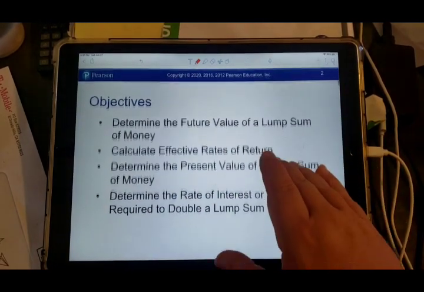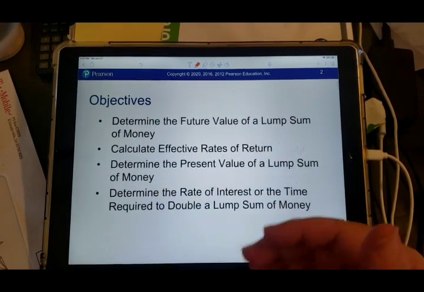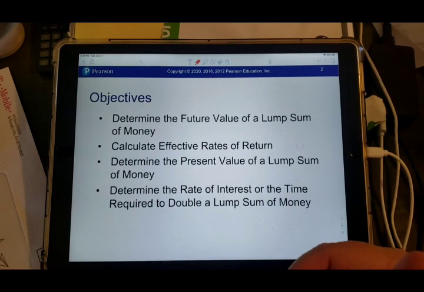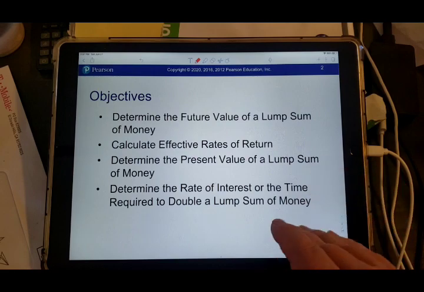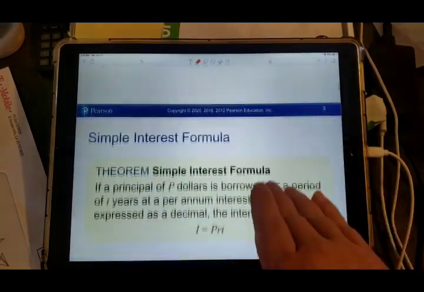So from an educational standpoint, I just like this section best because it has so many things in it. All right, so you can look up the objectives. I'm going to read them to you, but the objectives of this section.